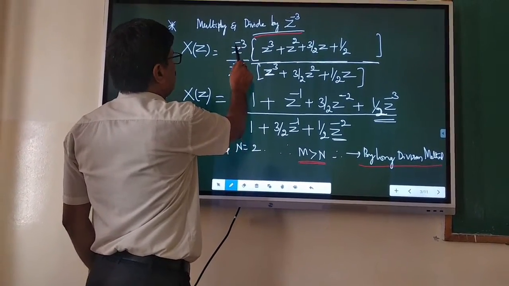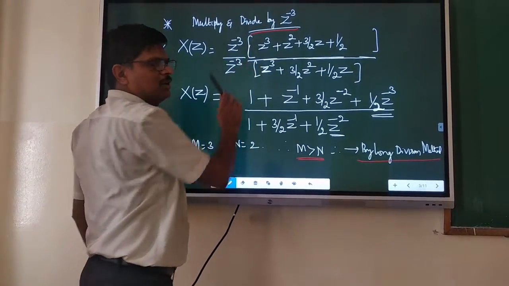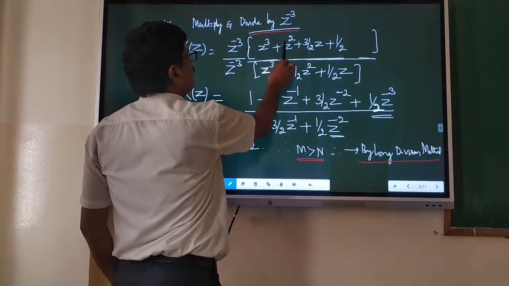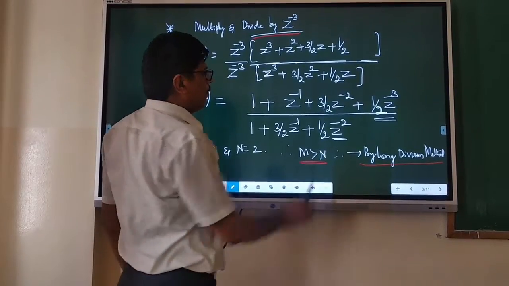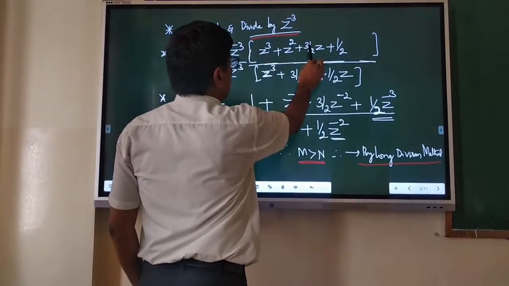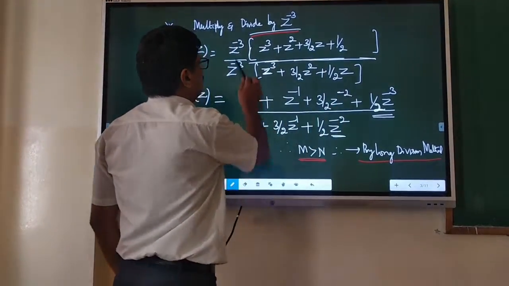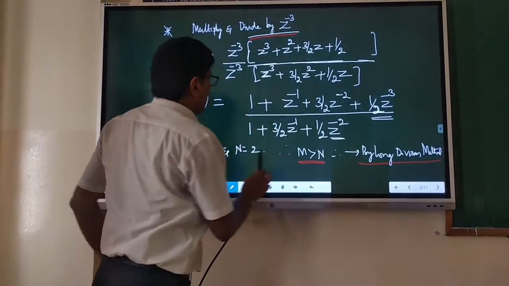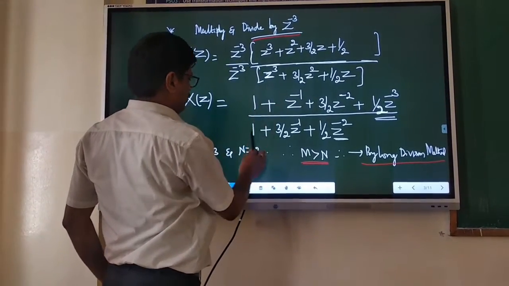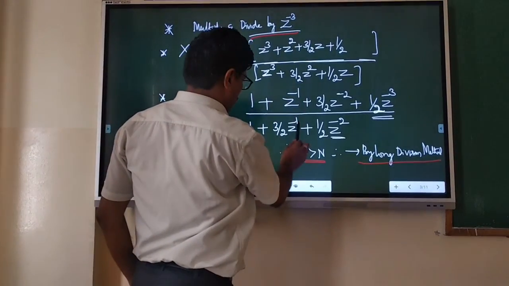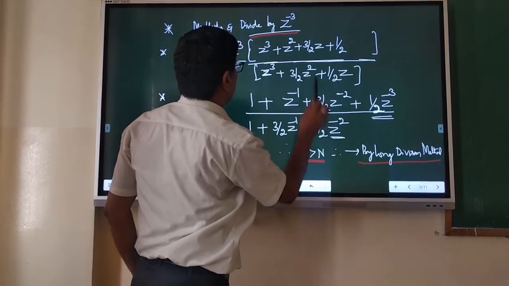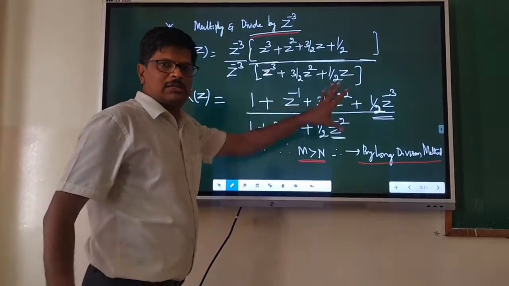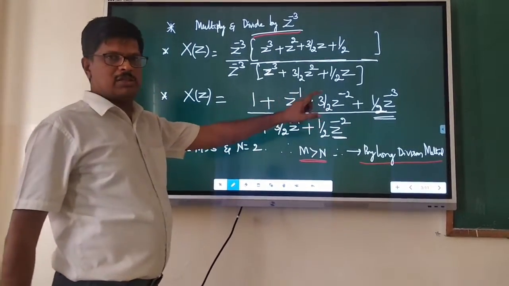On the right side, z^-3 times z^3 is z^0, which is 1, plus z^-3 times z^2 is z^-1, plus z^-3 times 3/2 z is 3/2 z^-2, and the last one is 1/2 z^-3. Similarly, in the denominator, z^-3 times z^3 is 1, plus 3/2 z^-1, plus 1/2 z^-2. Like this, you will get the numerator and denominator after simplification.